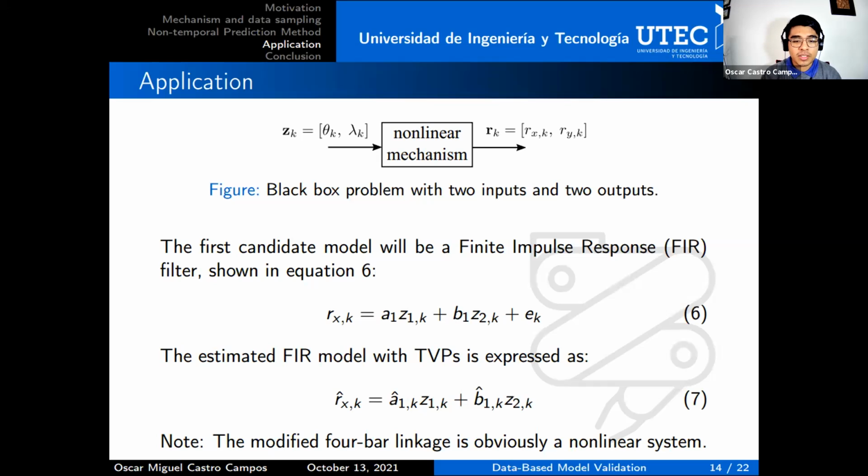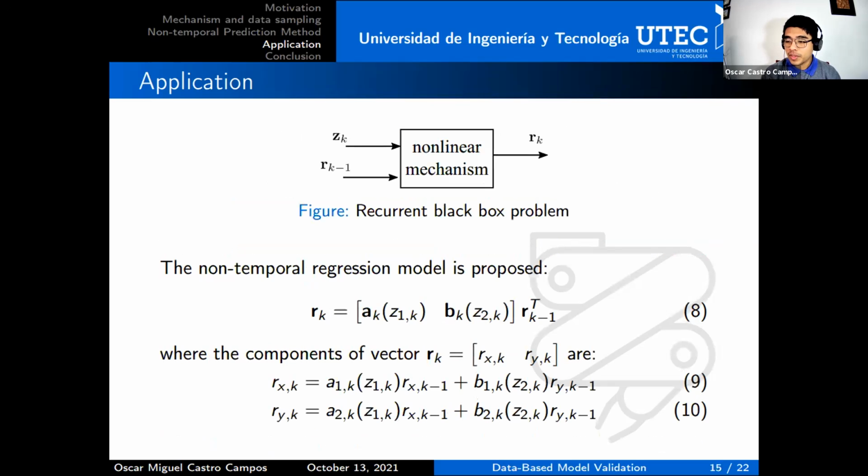The estimated FIR model with time-varying parameters is expressed in the seventh equation. But the forward linkage is a non-linear system, so the linear FIR filter is not an appropriate candidate to model it. So we use another model instead.